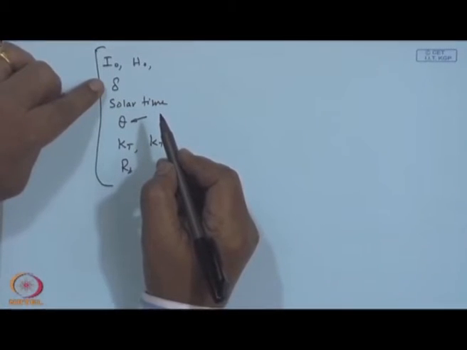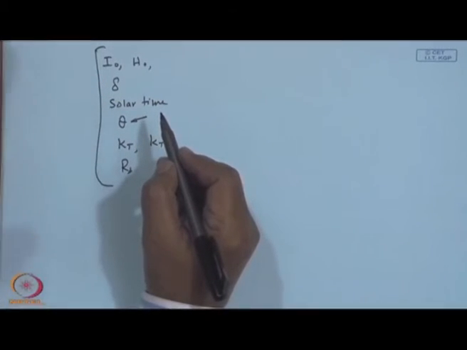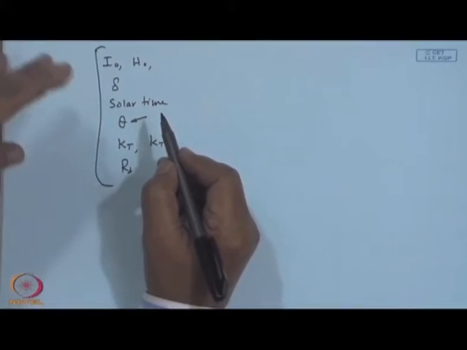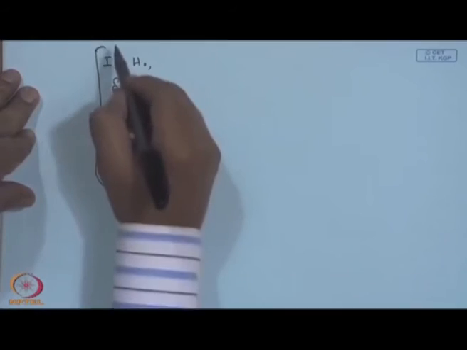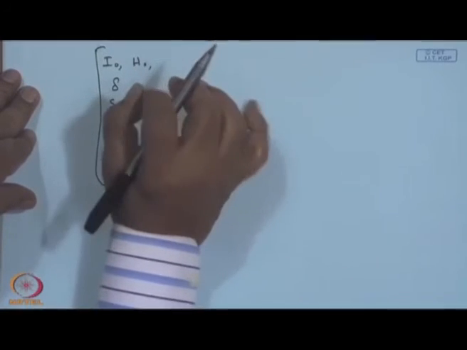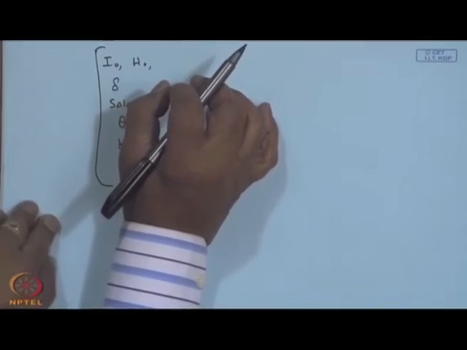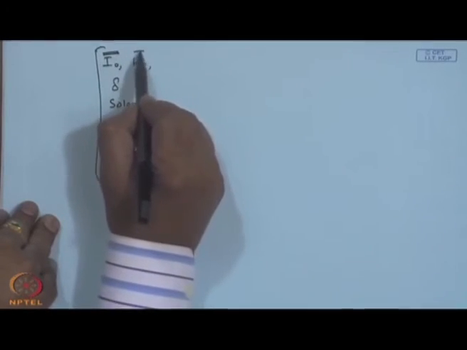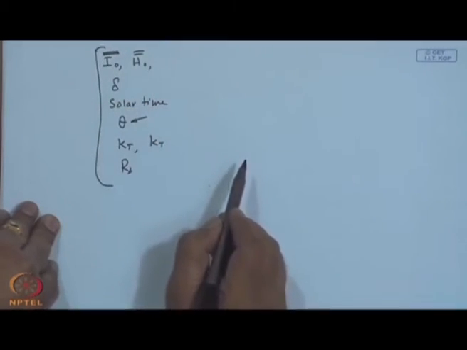A declination, we know that it changes negative to positive to negative to positive from January to December, and I0 and H0 are the measures of the extraterrestrial radiation over an hourly time scale and a daily time scale.